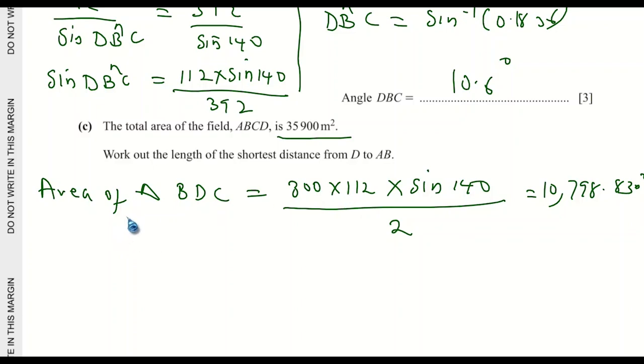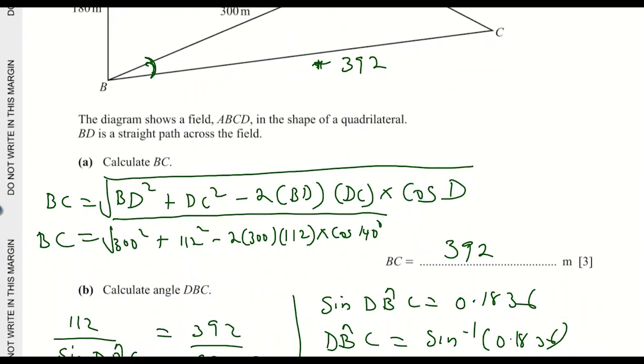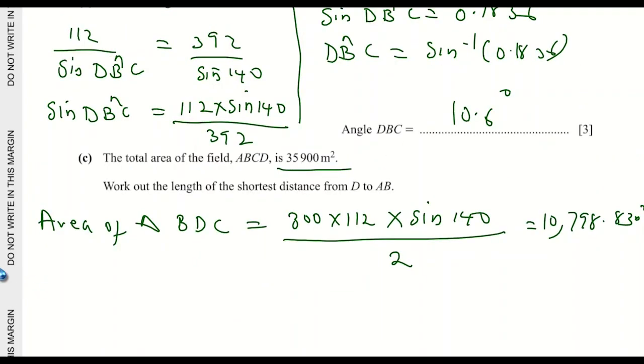So now, since we know that the areas of these two triangles add up to 35,900, let's write down a little bit.